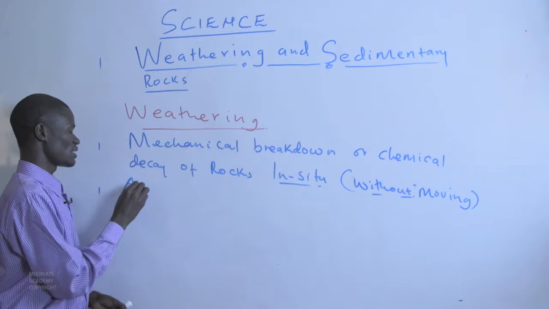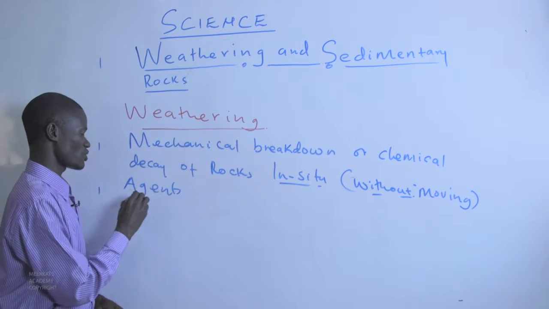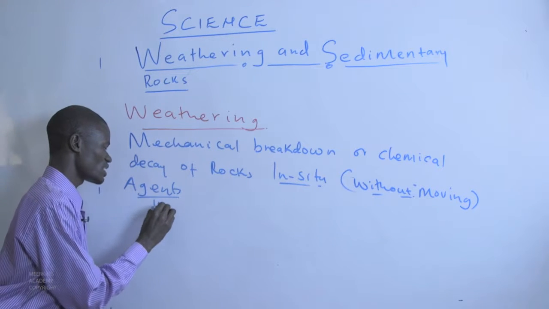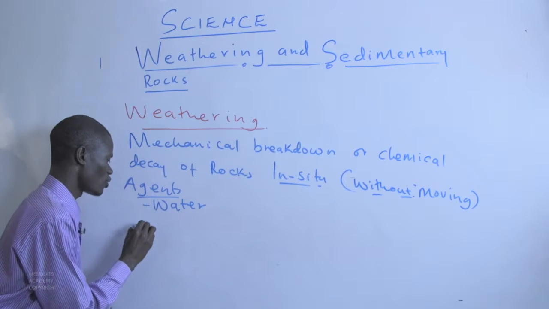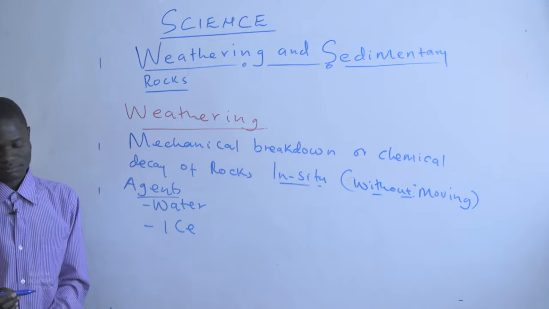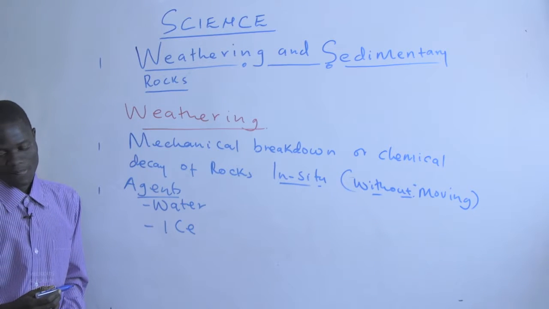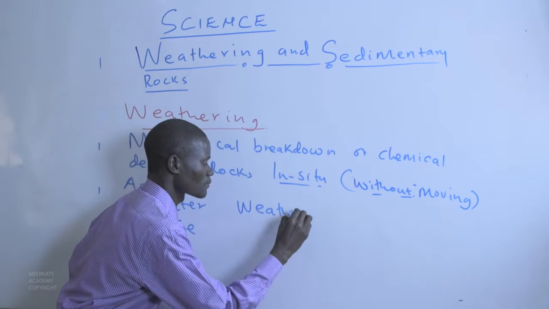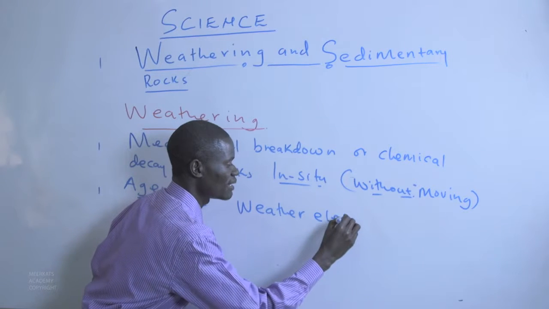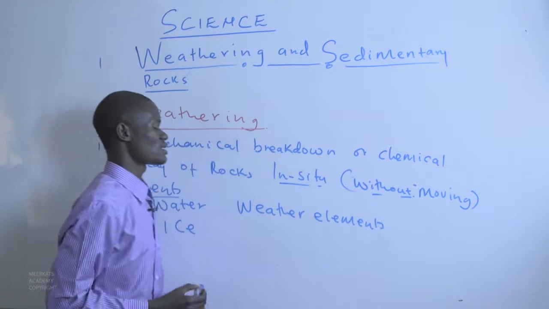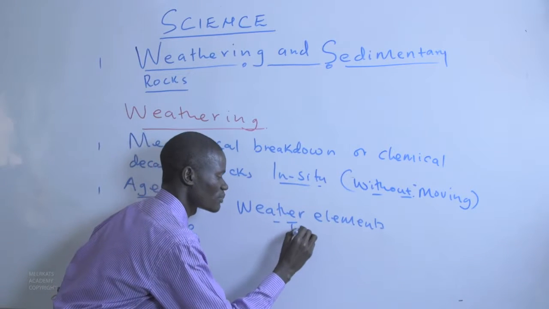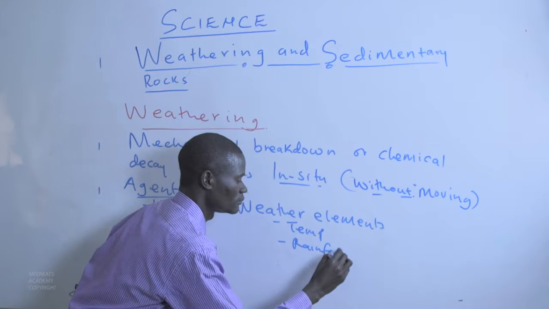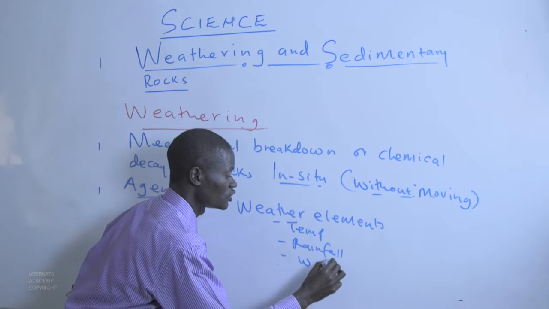There are many agents that may activate this process, and the agents that make the weathering process occur include water and ice. We also have some weather elements, and these include temperature, rainfall, and even wind to a given extent.